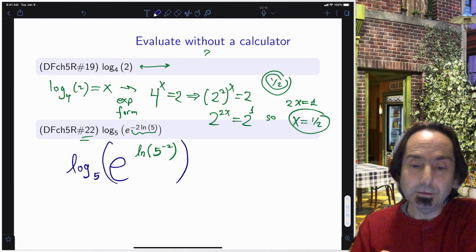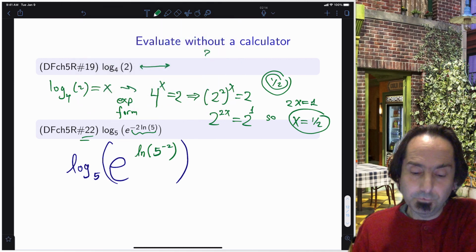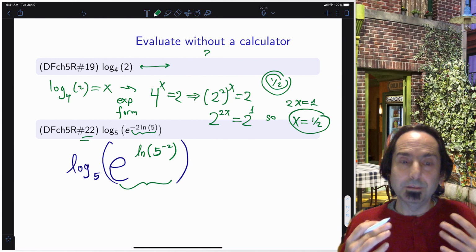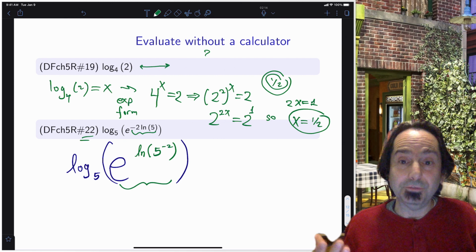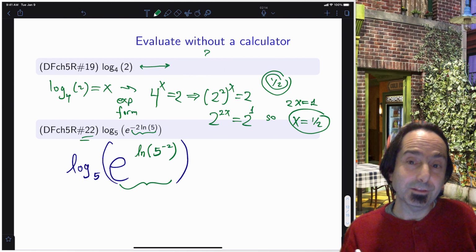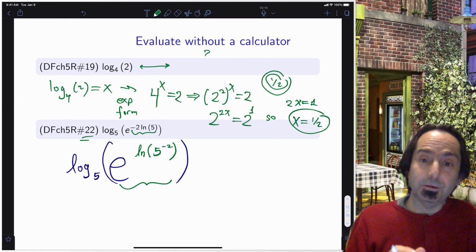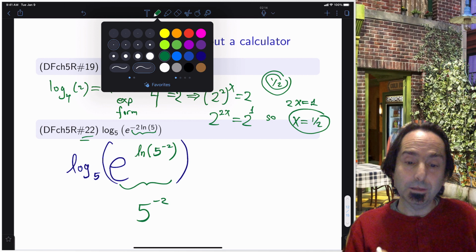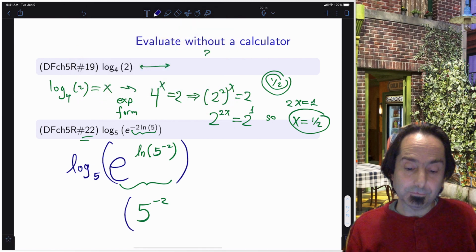And now we're talking, because over here, this is just the inverse property of exponentials. The natural log is base e, so what I've done is I have 5 to the -2, I take the logarithm, and then I exponentiate. Those undo each other, so that whole thing is 5 to the -2, just working from the inside out.